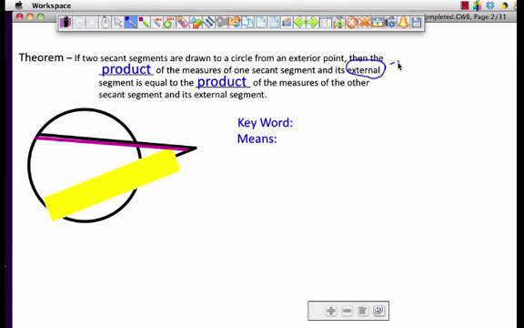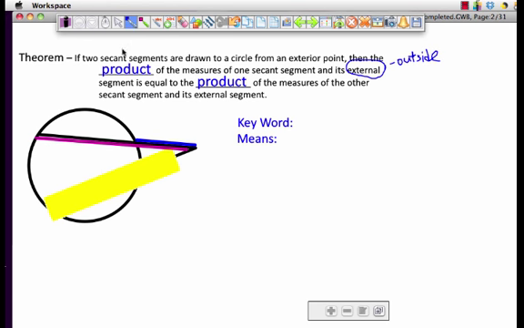External means outside. The outside piece, the exterior piece of that same segment. So the outside piece is just this little portion right here. So they're saying that you're going to multiply the pink segment times the blue segment.